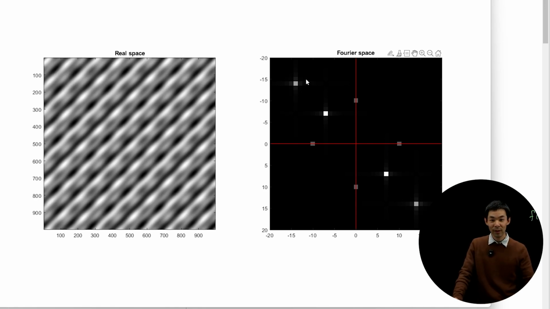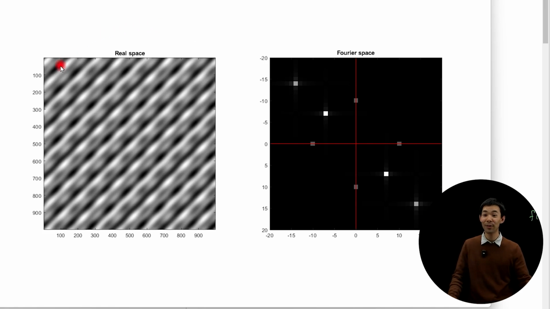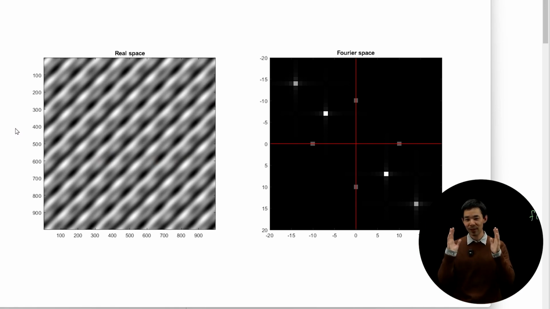So you can see over here in the Fourier space, there's another point along here, and this distance from the origin is 20. Okay, so now you're probably starting to see where we're going. You can take a complicated image like the one you see on the left. Now it's really complicated, right? I mean, if you thought just summing 2 waves is complicated, this is a summation of 4 waves now, and it's getting really complicated.